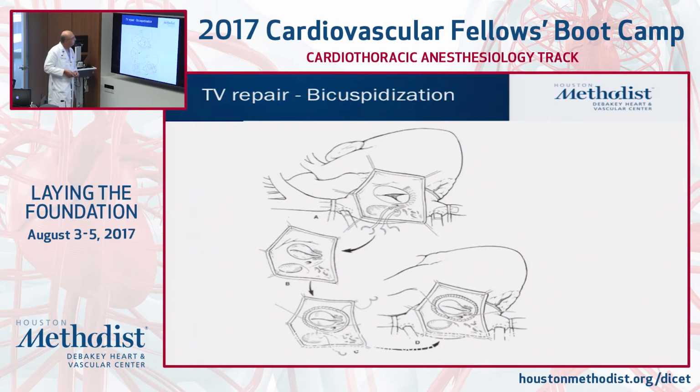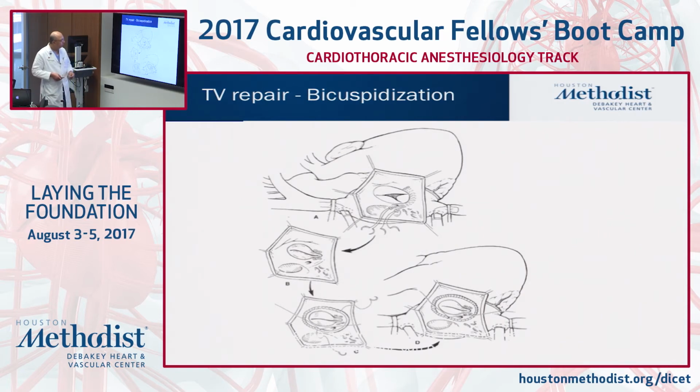So this is an example of a tricuspid repair. This is a bicuspidization procedure, and essentially what you do is you eliminate the posterior leaflet, performing what's called a Kay annuloplasty, described by Jerome Kay in 1976 from LA.